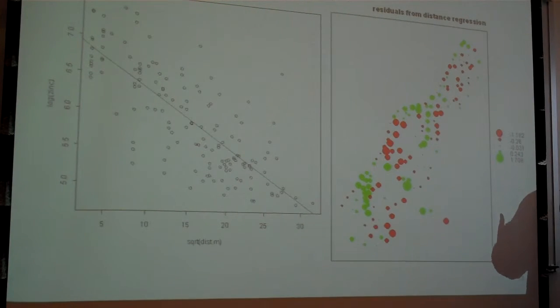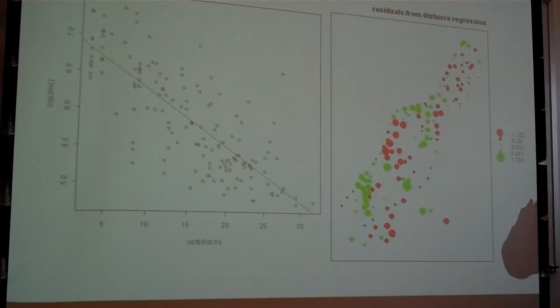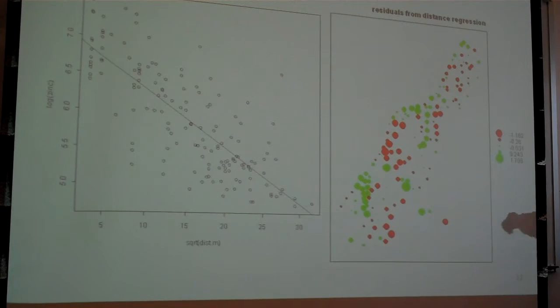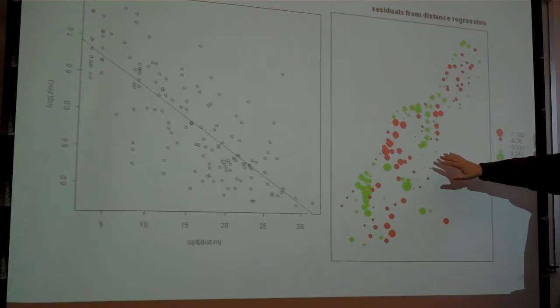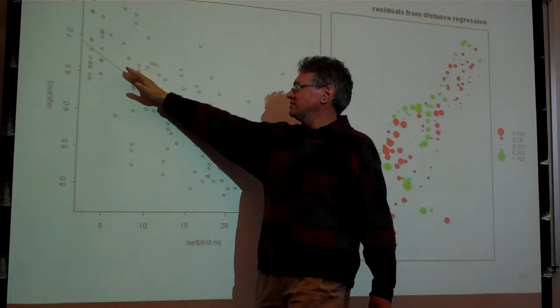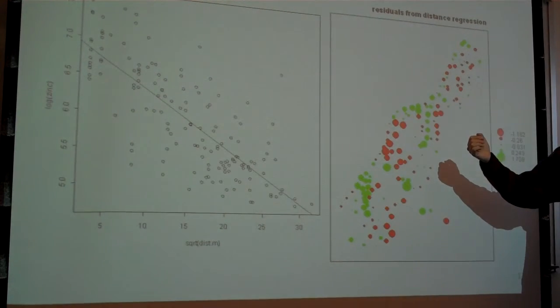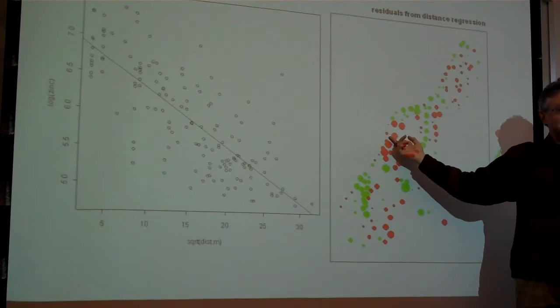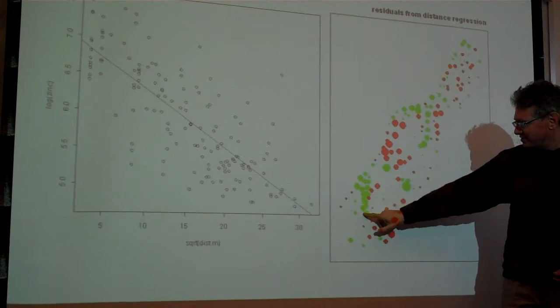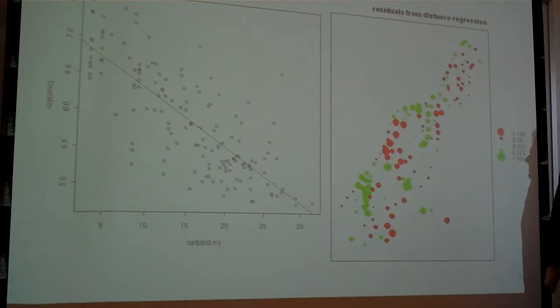So we have in fact successfully accounted for that distance from river trend. But here's a region where this model is consistently over-predicting the amount of zinc. Here's a region where it's consistently under-predicting the amount of zinc.